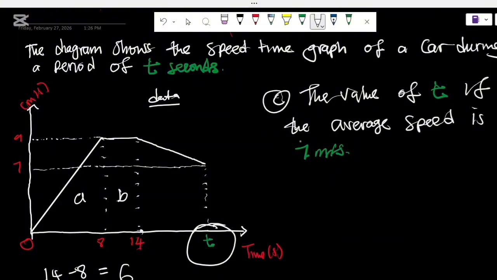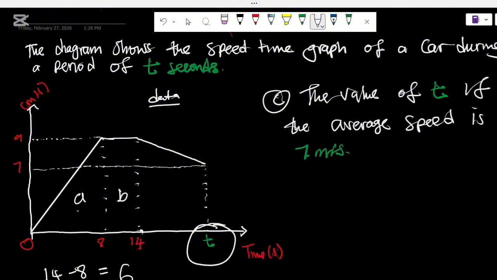Now, we need to find the total distance of this particular figure. We only have the distance for area A and area B. We have to find the distance of this particular area as well, including this one.